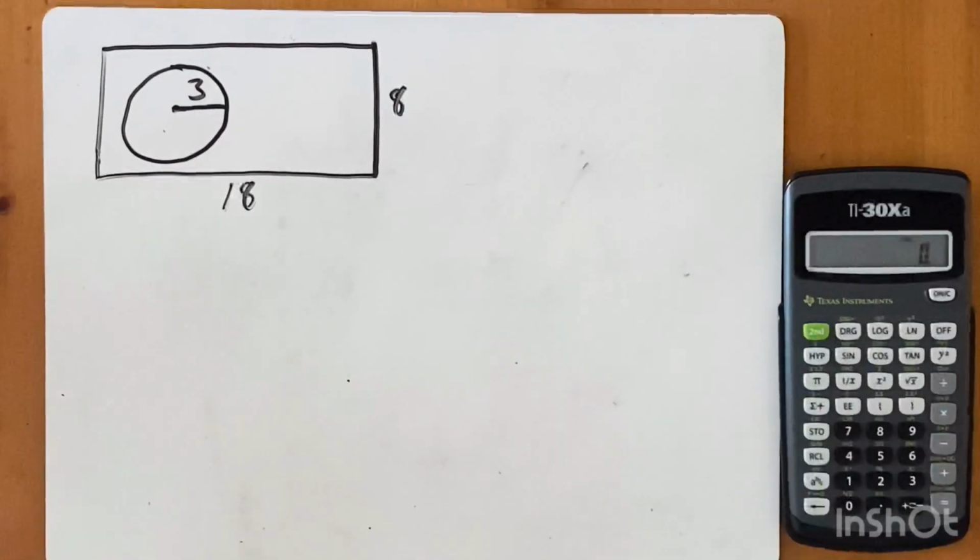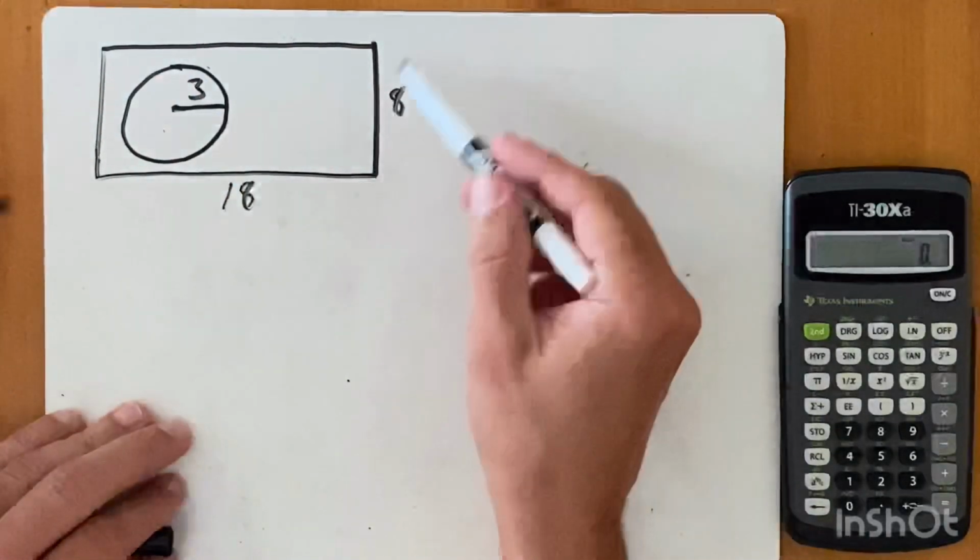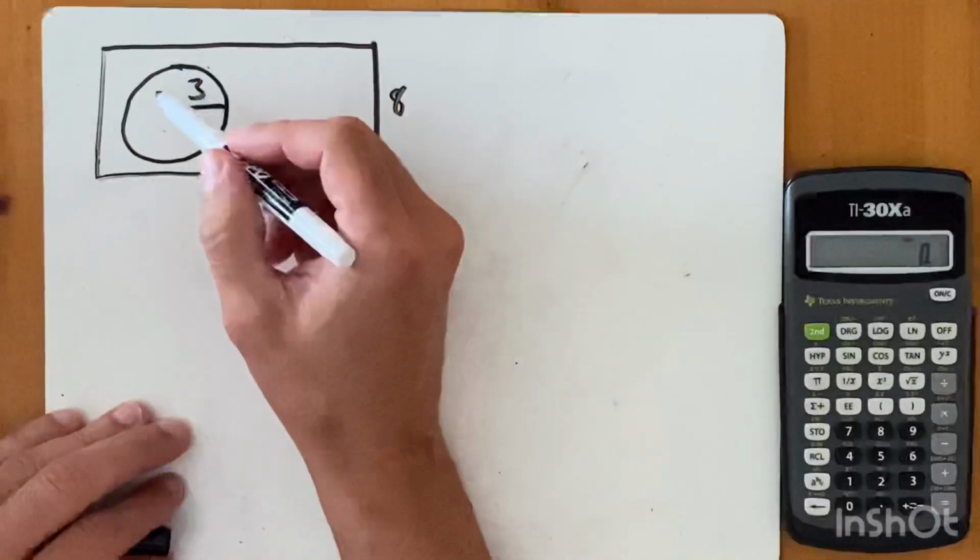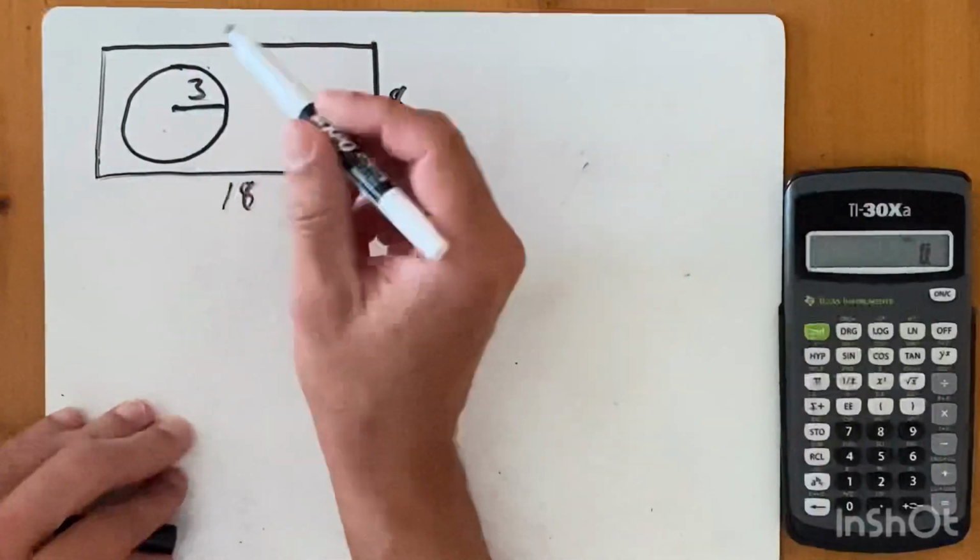All right, so on the third problem, we have a composite figure where instead of adding two areas together, we are going to subtract one area from the other. We have a rectangle, and then we want to subtract out the circle.